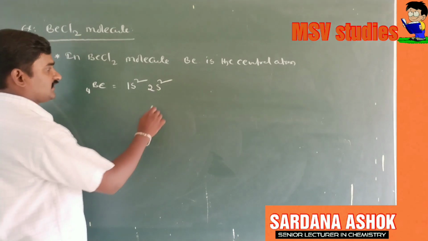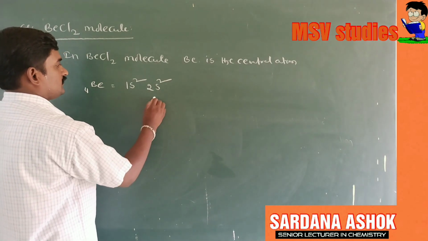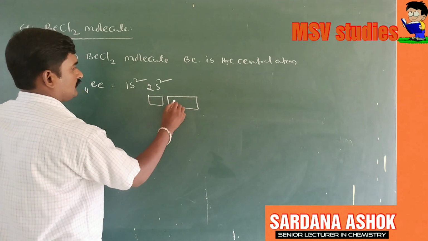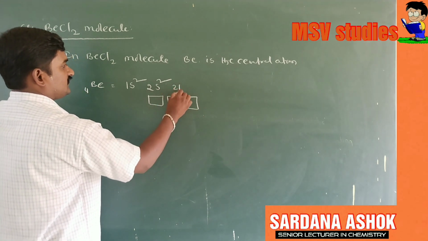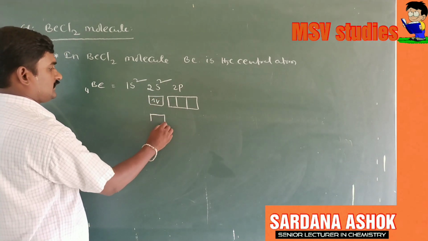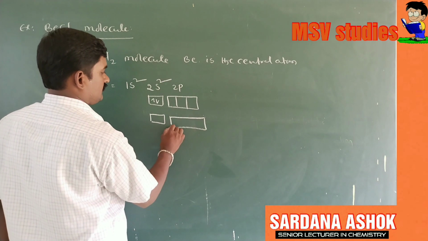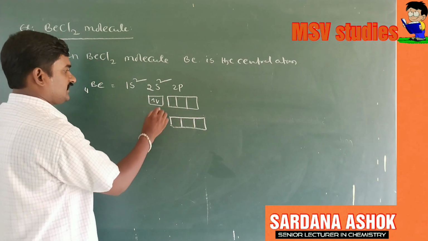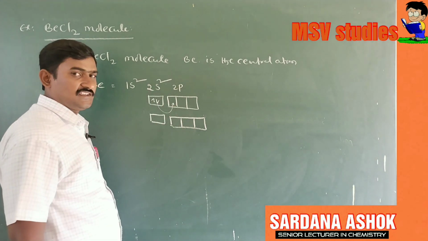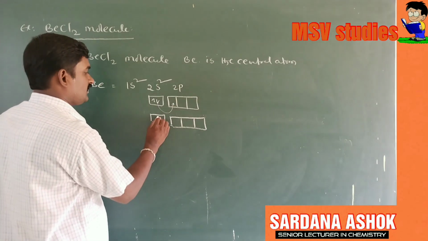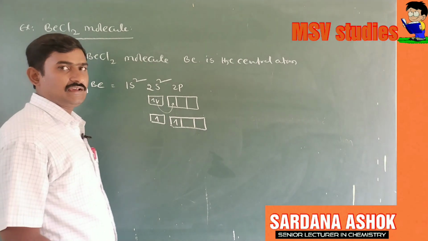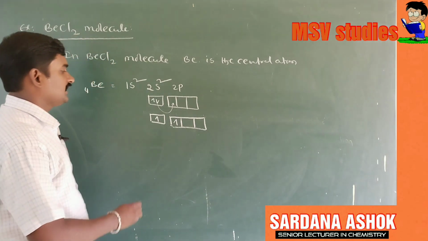This is the ground state electronic configuration, with the 2p empty. Then we take the excited electronic configuration. In the excited state, one electron shifts into the p orbital, making the s and p orbitals each have one unpaired electron.